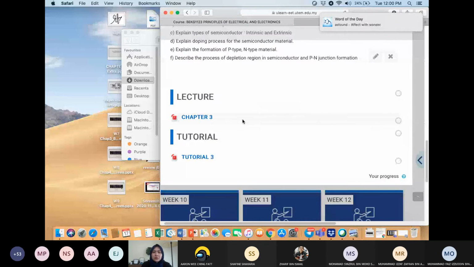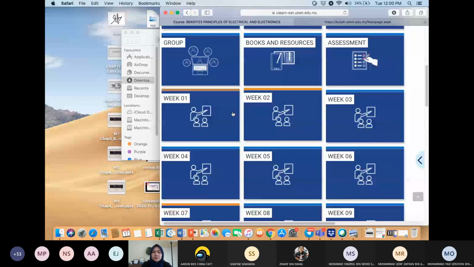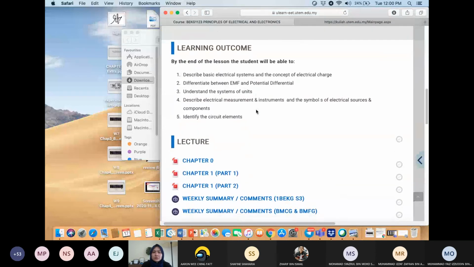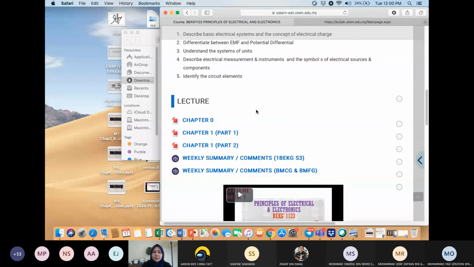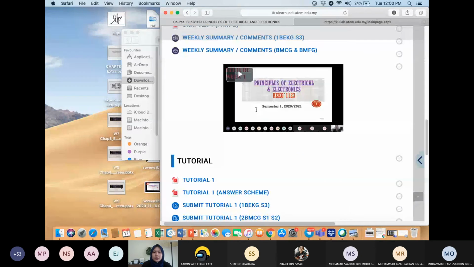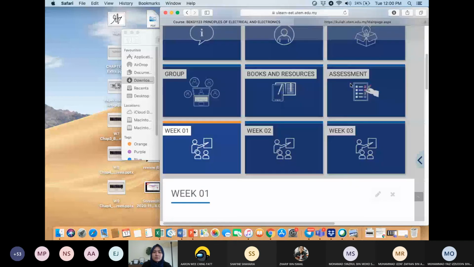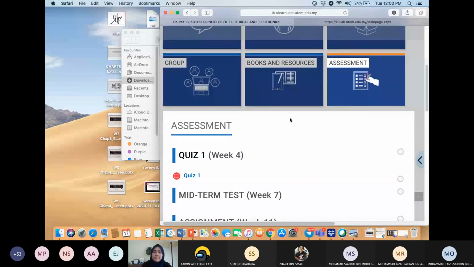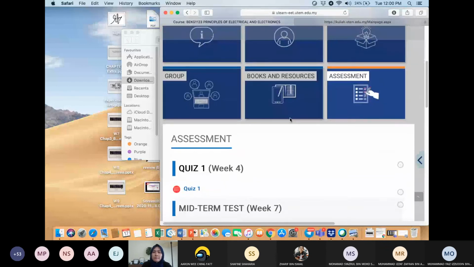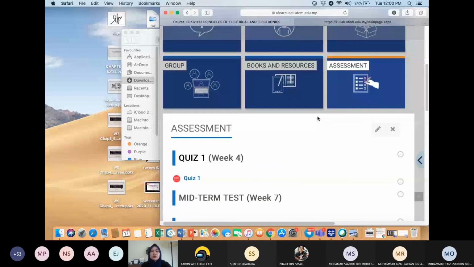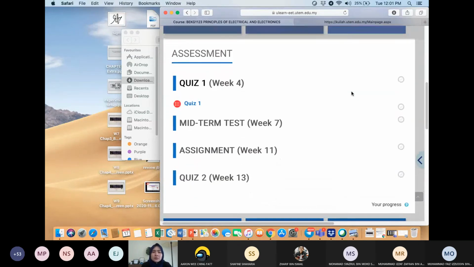Your tutorial 1 answer scheme is here, week 1. Any more questions? Your midterm test will use ULearn, same as quiz 1.